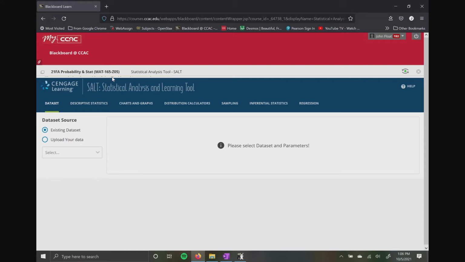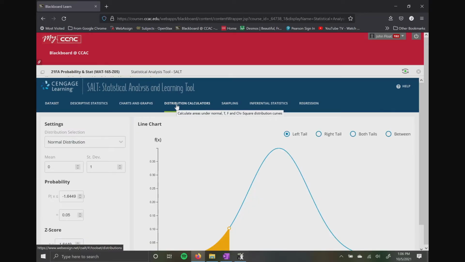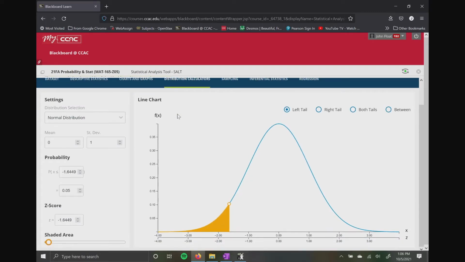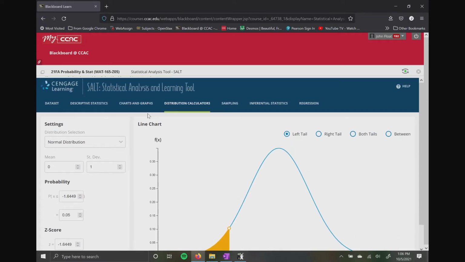And if you come over to the distribution calculators, because we're talking about probability distributions, notice that when you click on it, it gives you this normal distribution here. You could tell that it's normal on the left-hand side. All right, it says normal distribution. All right, see if I can zoom in here a little bit if it'll let me.